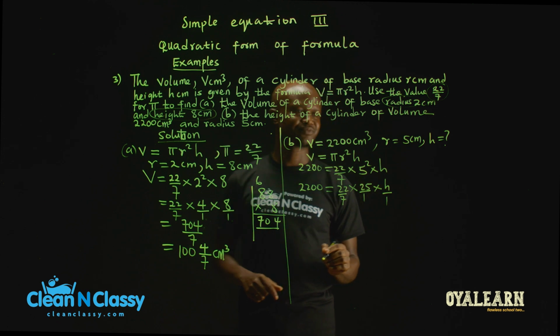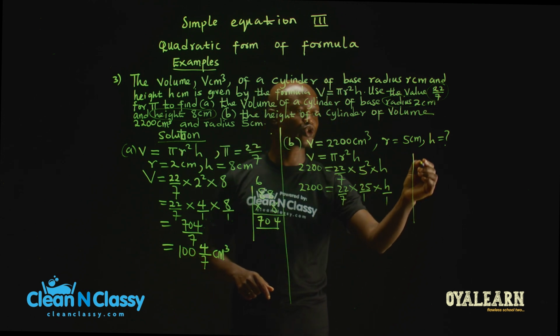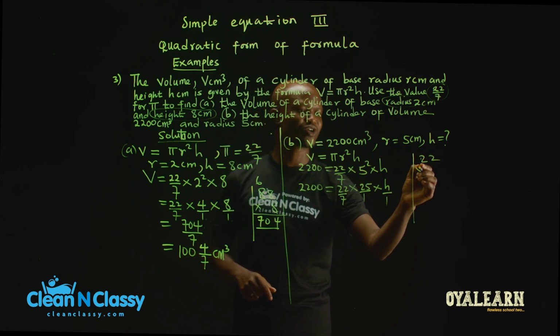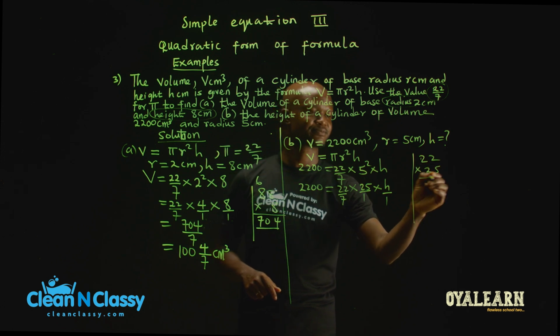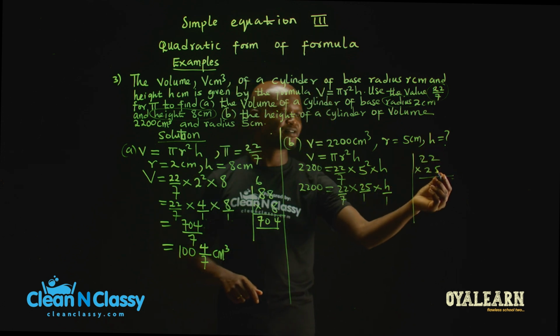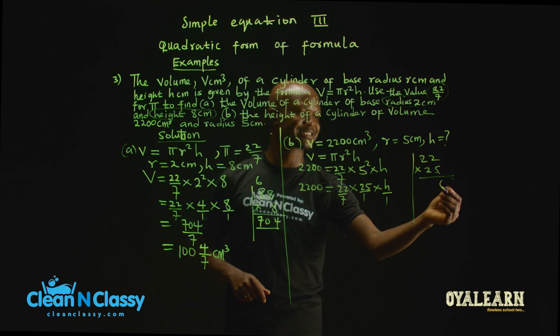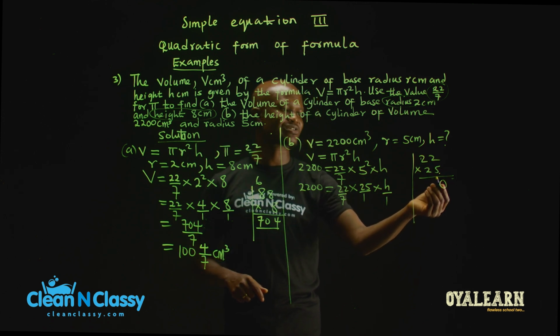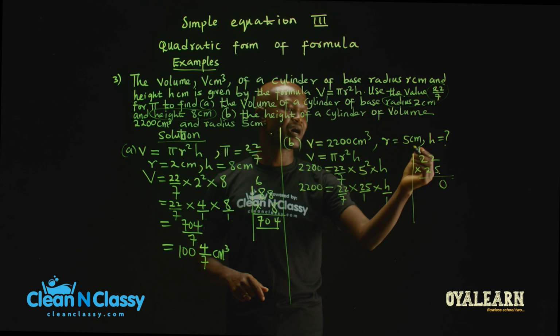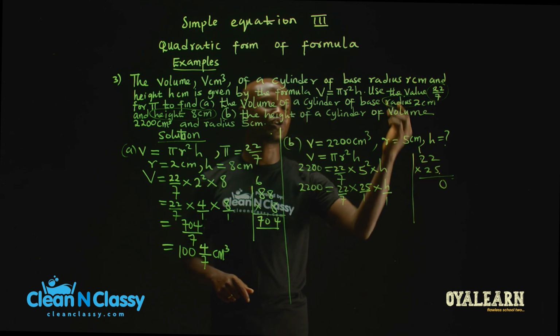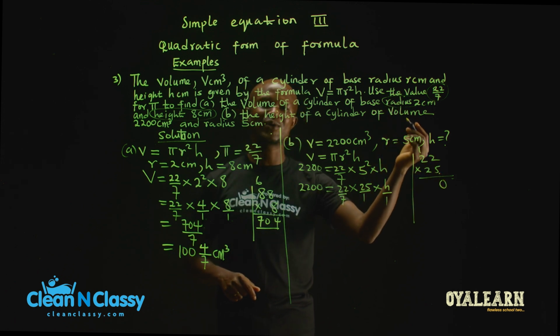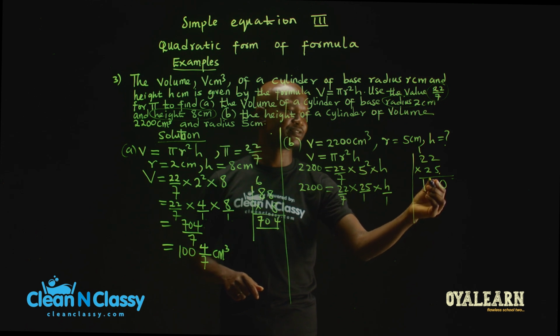Now in this case, let's multiply out 22 times 25. Starting from the back, 5 times 2 is 10. We write 0, carry 1. Now 5 times 2 also is 10, plus the 1 that we carried, we have 11.